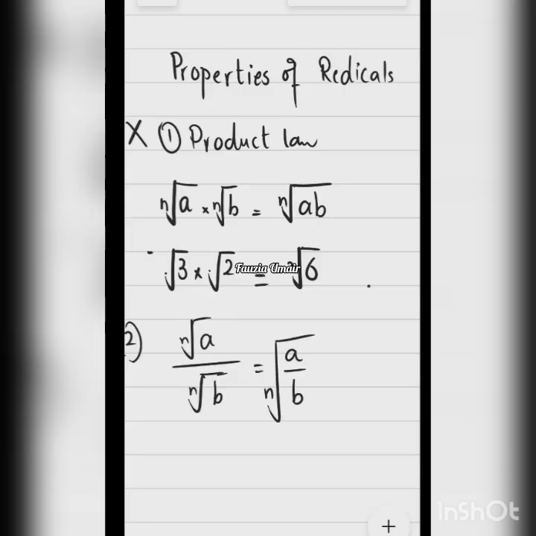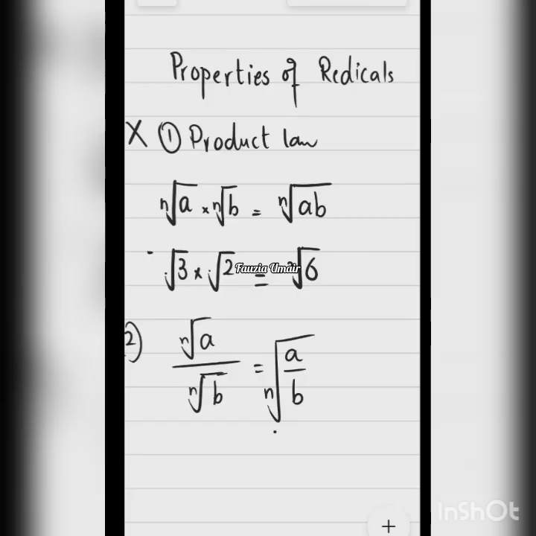That is the same case, right? So A and B are combined. There is a multiplication sign between them in one, and here A and B are combined through a division sign. So it's just that we put both of them under one root because the index is the same. Okay? So this is the second law.